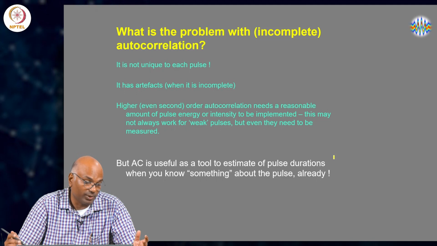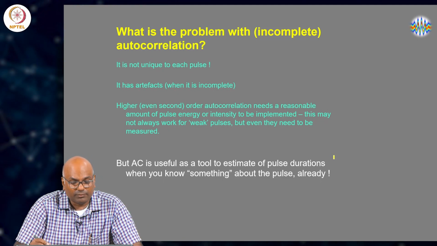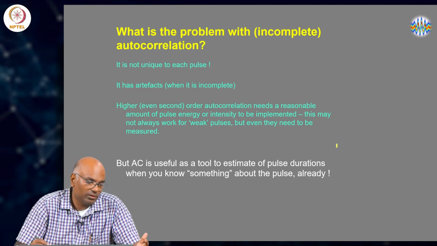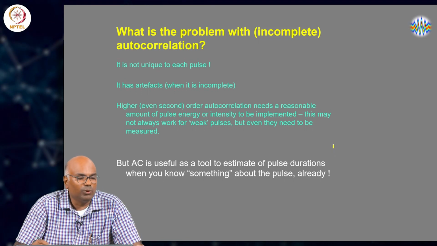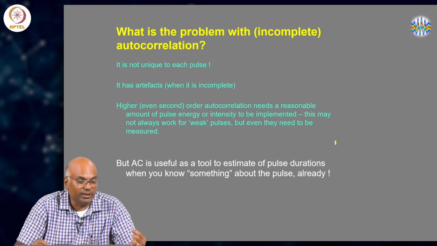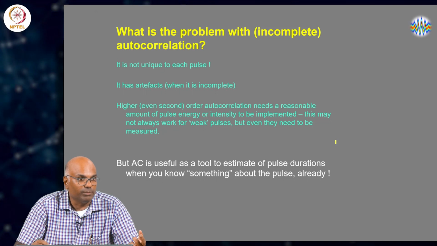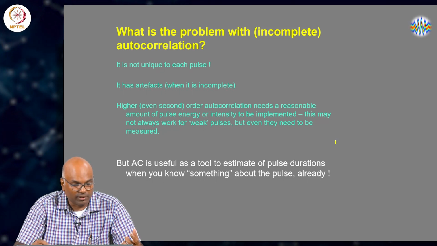That, for example, is one of the challenges. Then, if I want to do higher order autocorrelation, I need more and more energy in each single pulse, because if the pulses are too weak, we may not get an appreciable nonlinear optical signal.